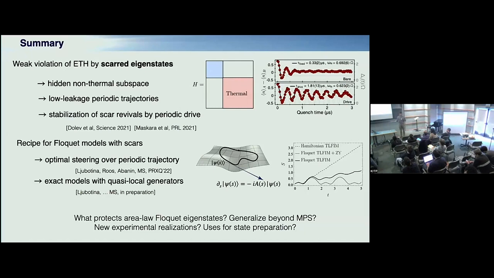Counterdiabatic driving answers a very similar question: what is the best operator A? But counterdiabatic driving uses a very rough metric, a trace over the complete Hilbert space. So it's asking, can I connect the full Hilbert space here and the Hilbert space there? And then Anatoly himself writes that this operator is going to diverge and it's not going to be a physical operator because I'm in a chaotic system.